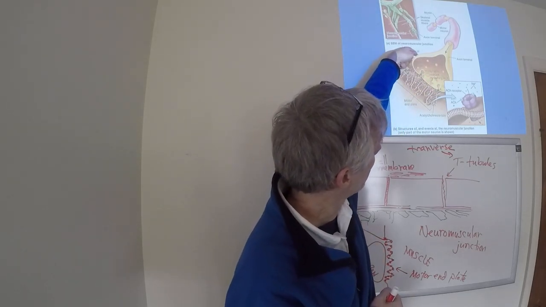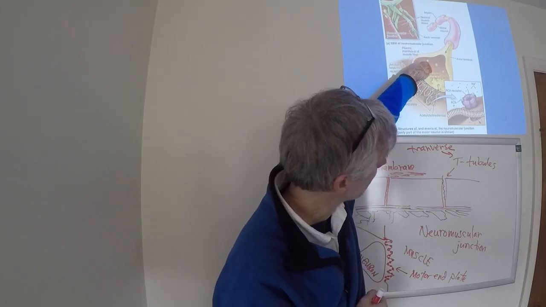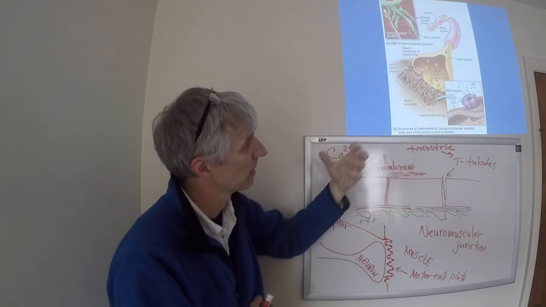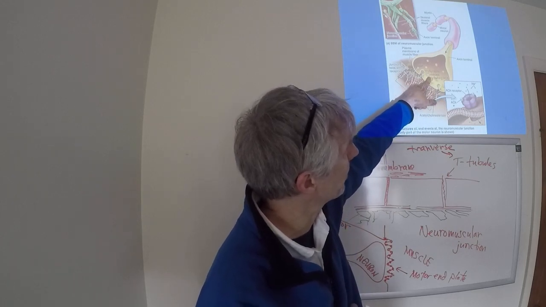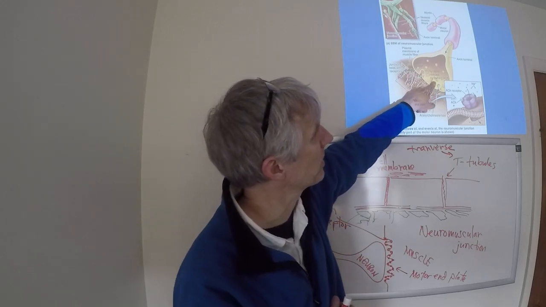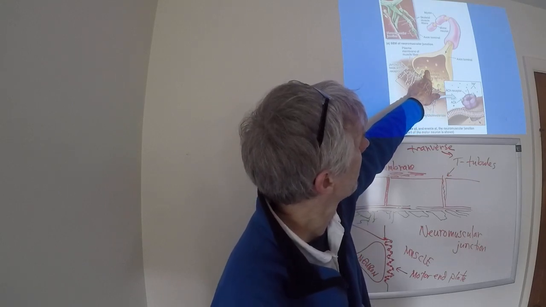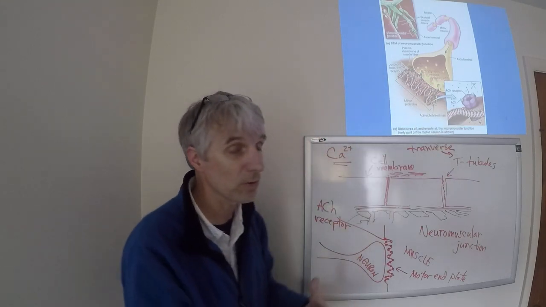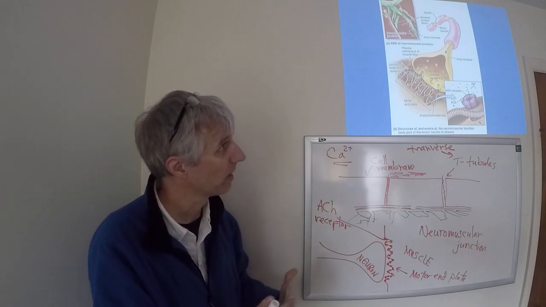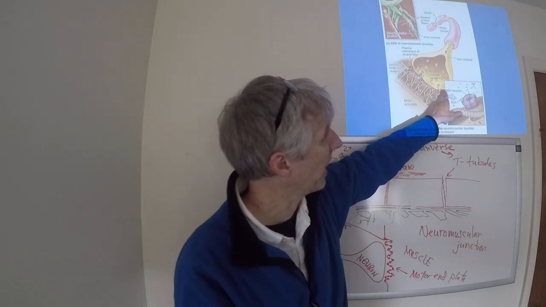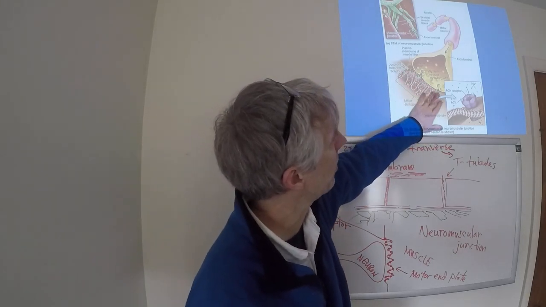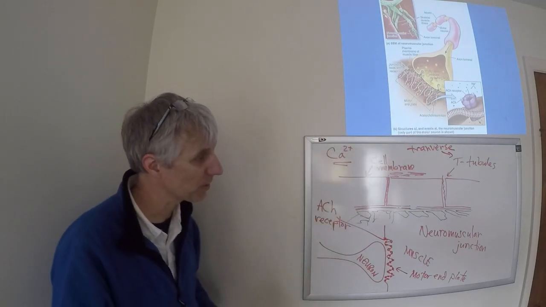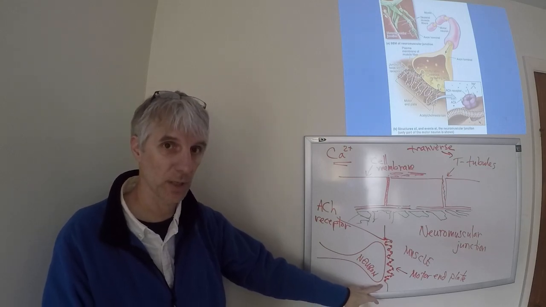The calcium channels open up, calcium comes in, calcium binds to these secretory vesicles, what they're calling synaptic vesicles containing acetylcholine, that allows these to fuse with the membrane of the neuron. With fusion, the acetylcholine gets dumped into the neuromuscular junction.